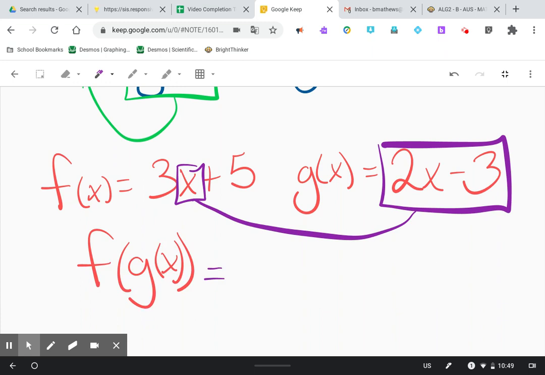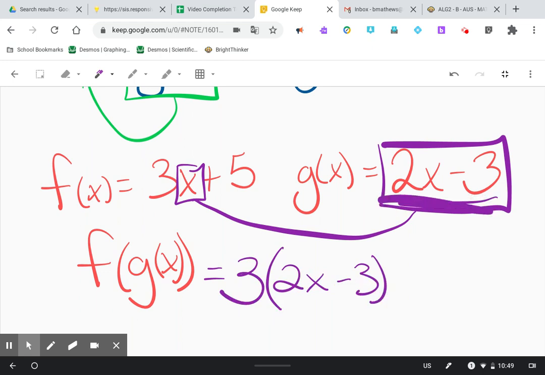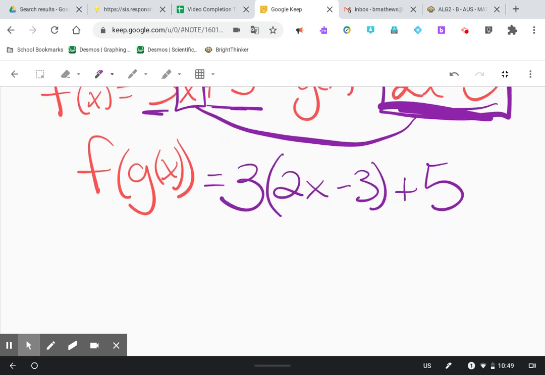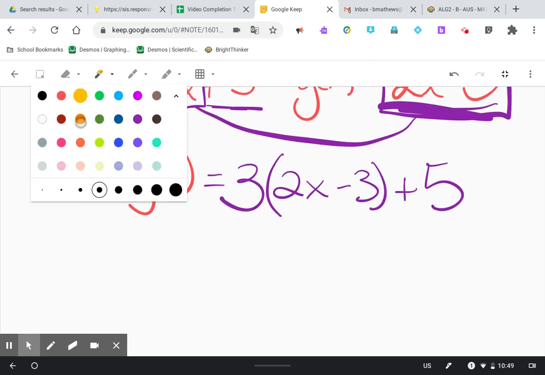So I would do 3, and then where that x is, I'm going to drop the entire expression, 2x minus 3, plus 5. Notice I didn't change this portion. I just replaced the x with 2x minus 3. And then from there, it's just a matter of simplification.